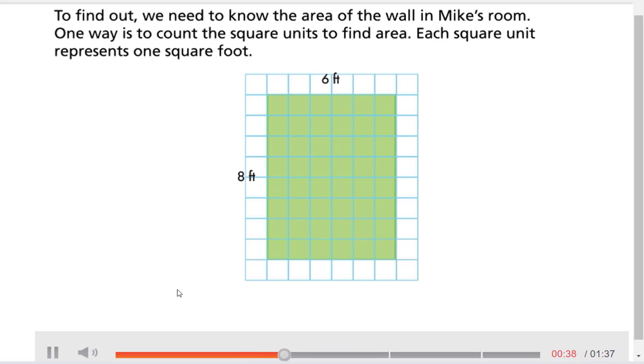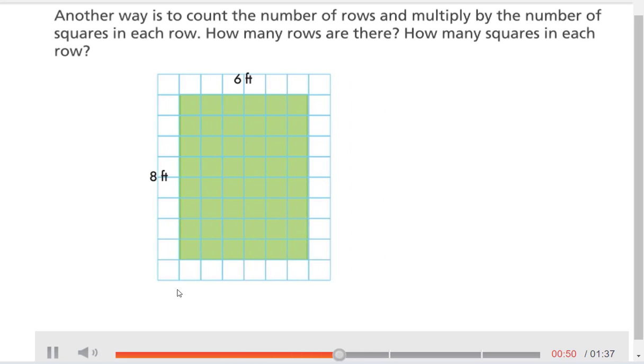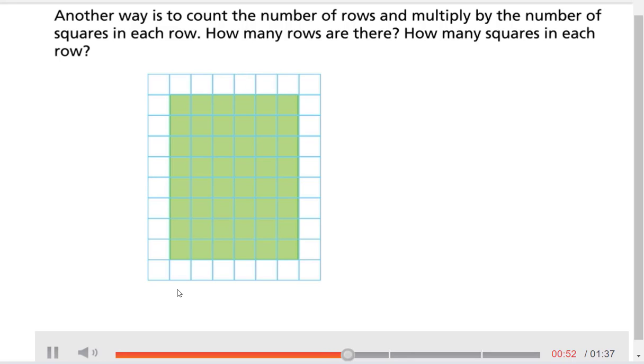Each square unit represents 1 square foot. There are 48 square units. The area of Mike's wall is 48 square feet. Another way is to count the number of rows and multiply by the number of squares in each row. How many rows are there? How many squares in each row?